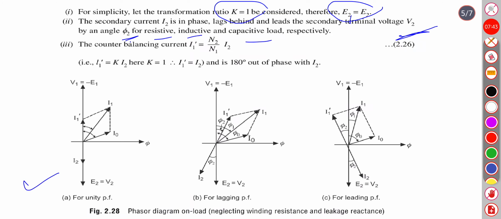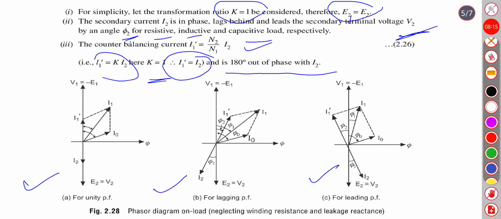Figure A shows the unity power factor, this is for lagging, and this is for leading. The counterbalancing I1 dash will be N2 upon N1 into I2. Because I1 dash is equal to K I2, here K is equal to 1, therefore I1 dash equals I2, and it is 180 degrees out of phase with I2.